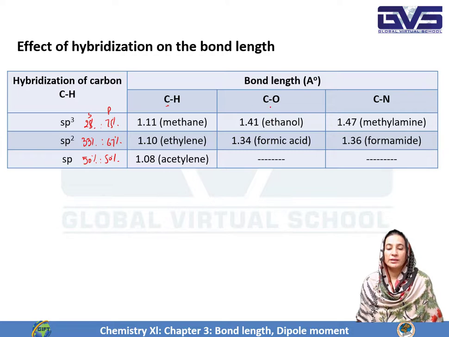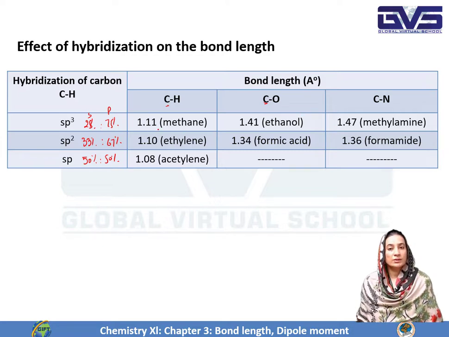In ethanol, where carbon is sp3 hybridized, the C-O bond length is 1.41. If carbon is sp2 hybridized, as in formic acid, the C-O bond length is 1.34. Similarly for C-N, as the s character increases, bond length decreases. Bond length decrease means bond strength increases, which means higher bond energy.